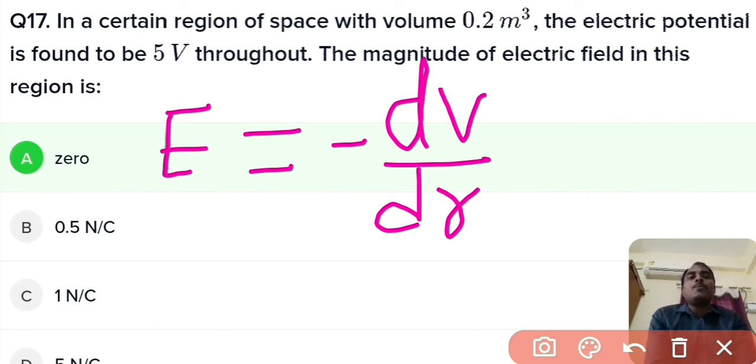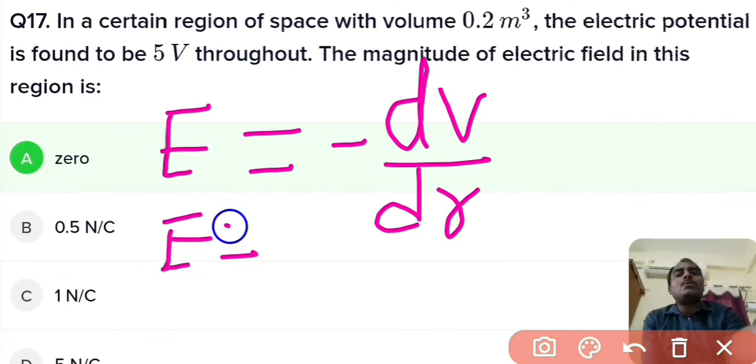But what is given in the problem? The electric potential is found to be 5 volt throughout, means everywhere 5 volt is the potential. So there is no difference in potential. V is constant. When V is constant, differentiation of a constant is 0.